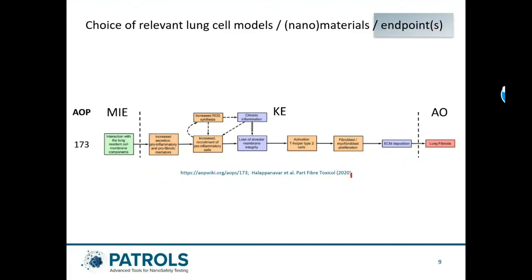And these are all factors now which are relevant for the choice of our lung cell models, because this also is indicative for the endpoints we choose. And I think I will show you some examples of assays which we use to address these different key events.